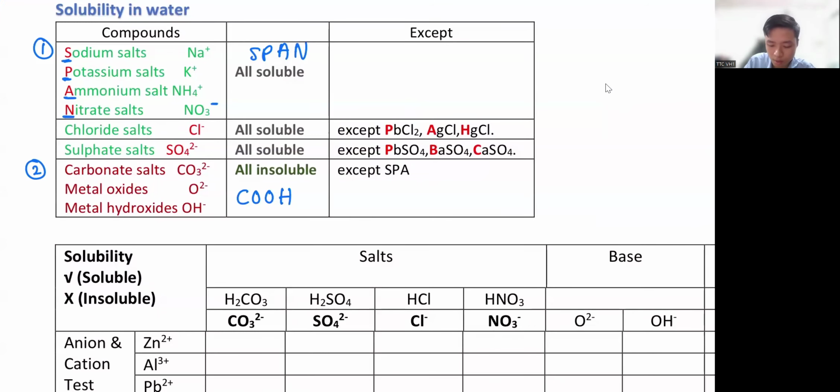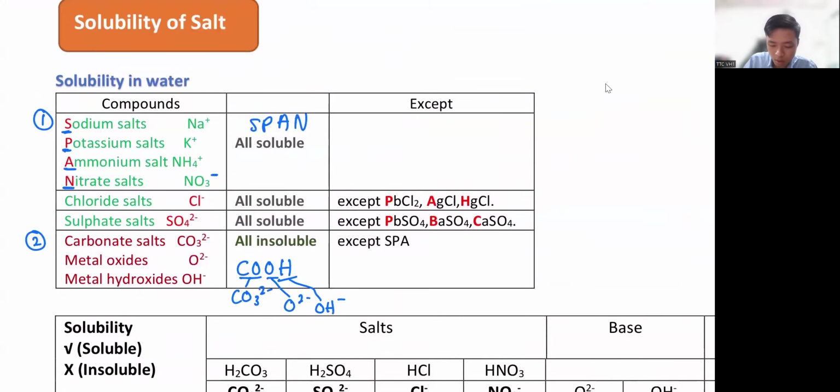All are insoluble. CO stands for carbonate, O stands for oxide, and OH stands for OH-, which is the hydroxide ion. SPAN stands for Na+, K+, NH4+, and also NO3-.